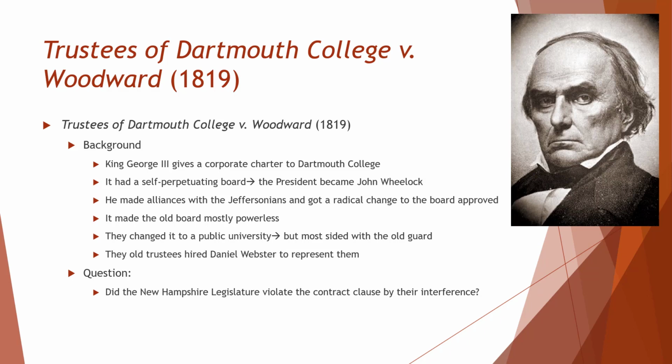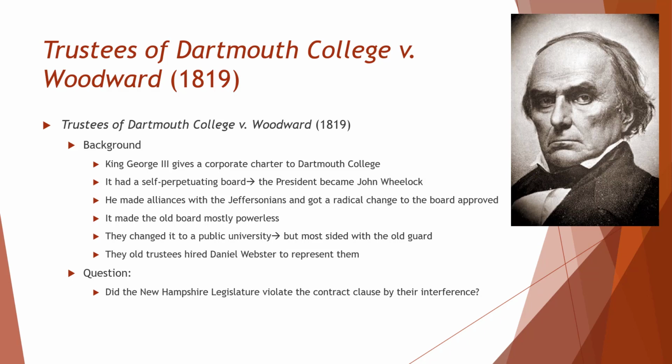So he made some alliances with the Jeffersonian Republicans and got a radical change of the board approved. It basically made the old board powerless. One thing that it would do is make the college, instead of Dartmouth College, Dartmouth University. It would be a public institution.